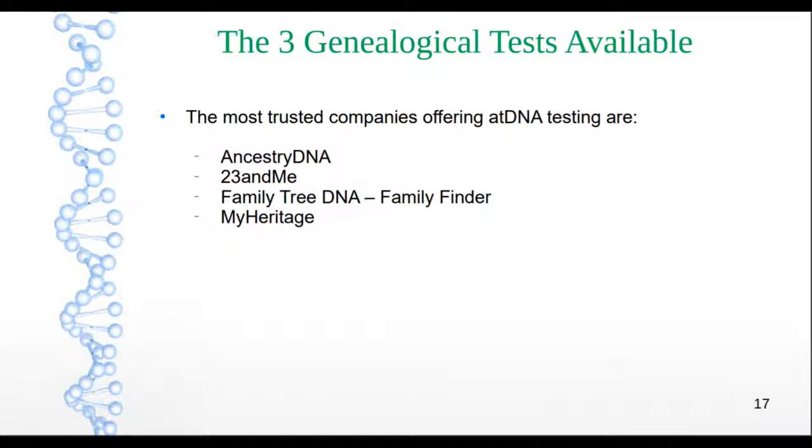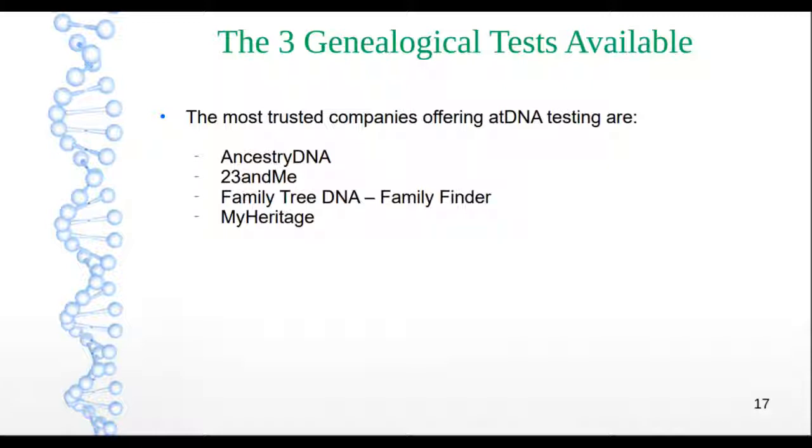The Y test, where you can do the surname matching, like you can actually find people who match your Y chromosome to find out what surname you match, that is only available through Family Tree DNA. 23andMe will give you a male or a female haplogroup, but it's only a basic one.